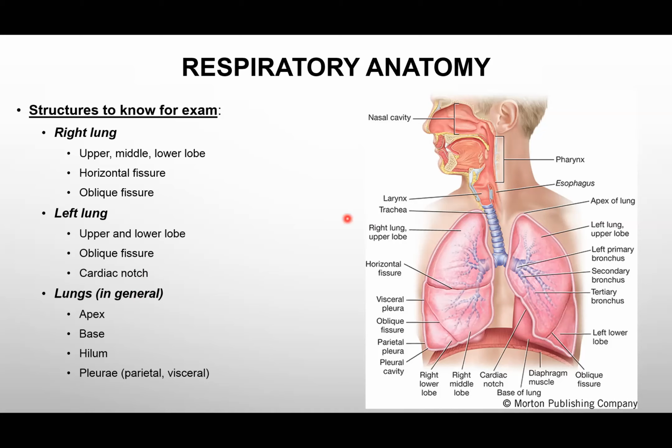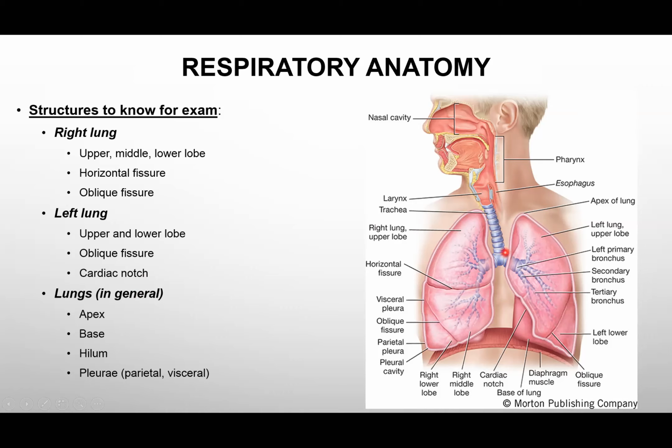The right lung has an upper lobe, has the horizontal fissure, has a middle lobe, an oblique fissure. Oblique stands for an angled fissure. Oblique tends to mean at an angle. So you have this angled fissure. And then finally, we have the right lower lobe.